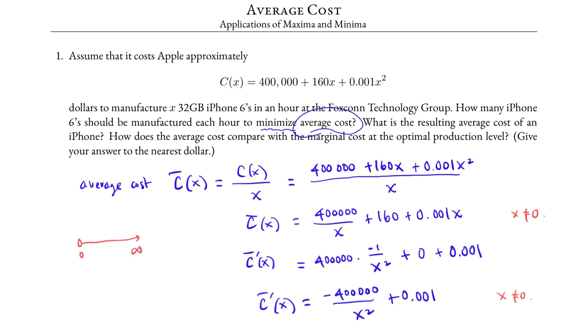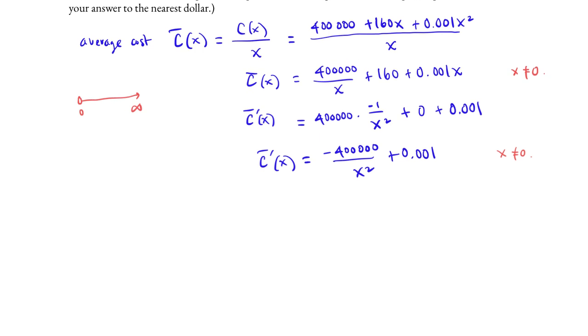Next, to find the critical number, we will set the derivative equal to 0 and solve for x. These will be stationary points if there are any. To isolate x, we first move 0.001 to the right hand side, so we obtain negative 400,000 over x squared equals negative 0.001.